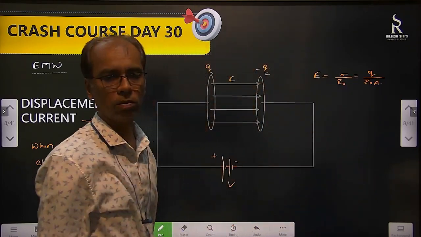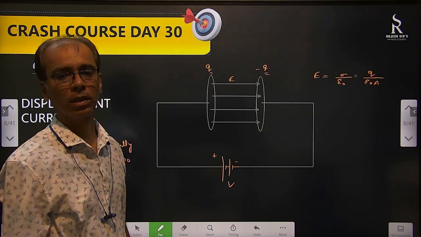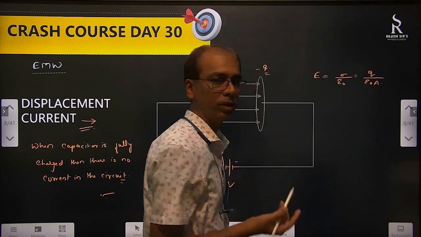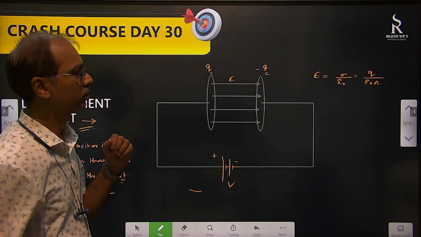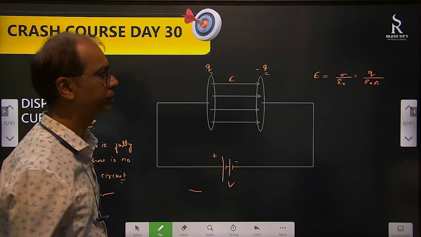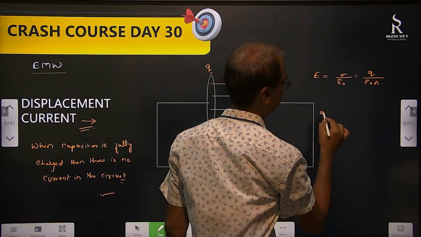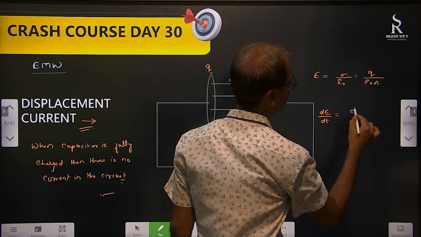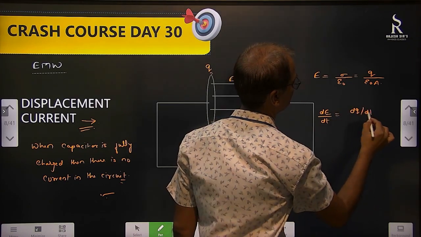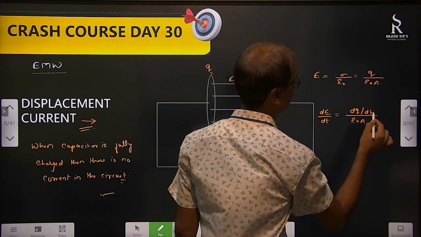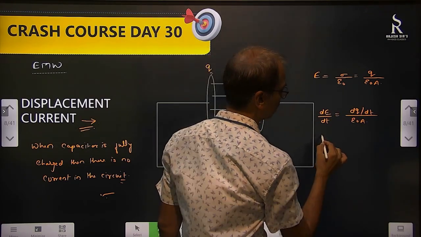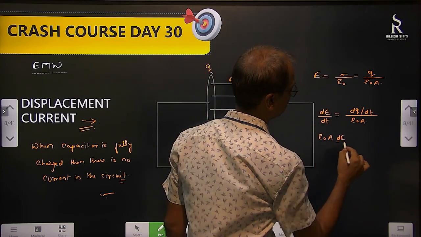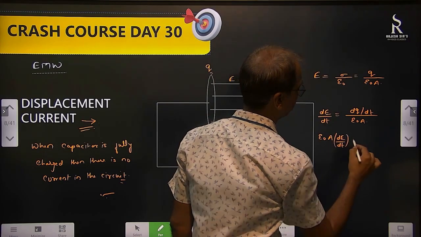No, it's varying. So I want the current, the displacement current, which is dq by dt. So differentiate that. dE by dt equals dq by dt by epsilon naught A, and dq by dt is current. So bring this one here: epsilon naught A dE by dt equals dq by dt.